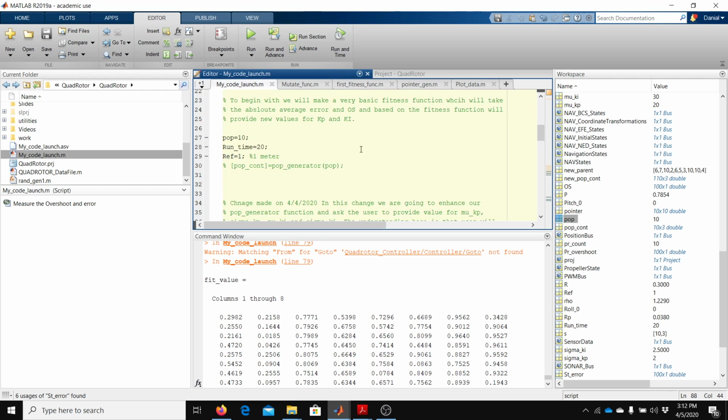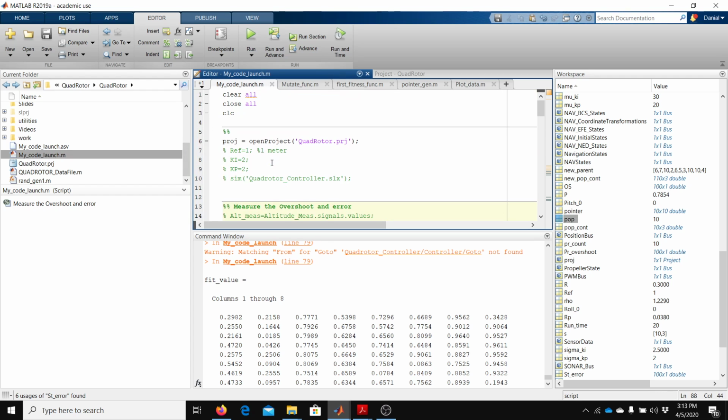I knew what the proportional and integral values were likely to be, and I was using a Gaussian random number generator. So I provided a mu close to what my proportional value was, and a mu for the integral, and then some standard deviation.